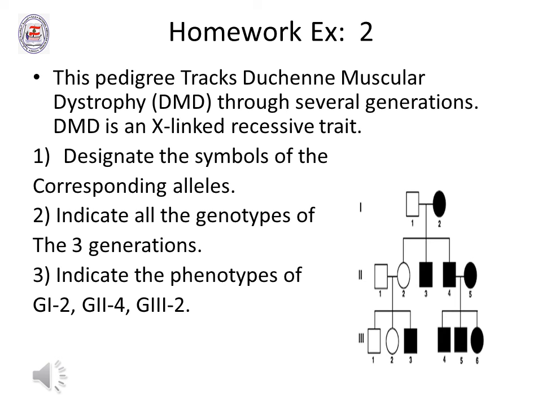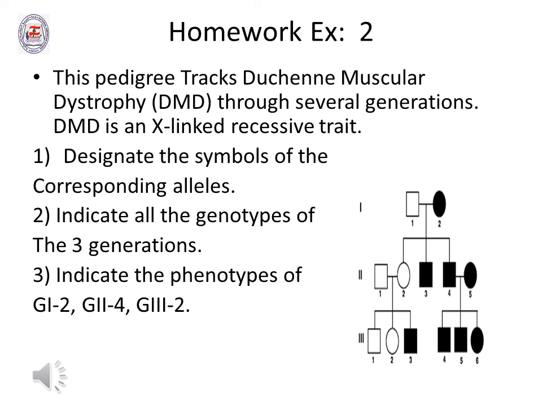The second pedigree or exercise is the following. This pedigree tracks Duchenne muscular dystrophy or DMD through several generations. DMD is an X-linked recessive trait. First of all, designate the symbols of the alleles and indicate the genotypes of all of the 3 generations.